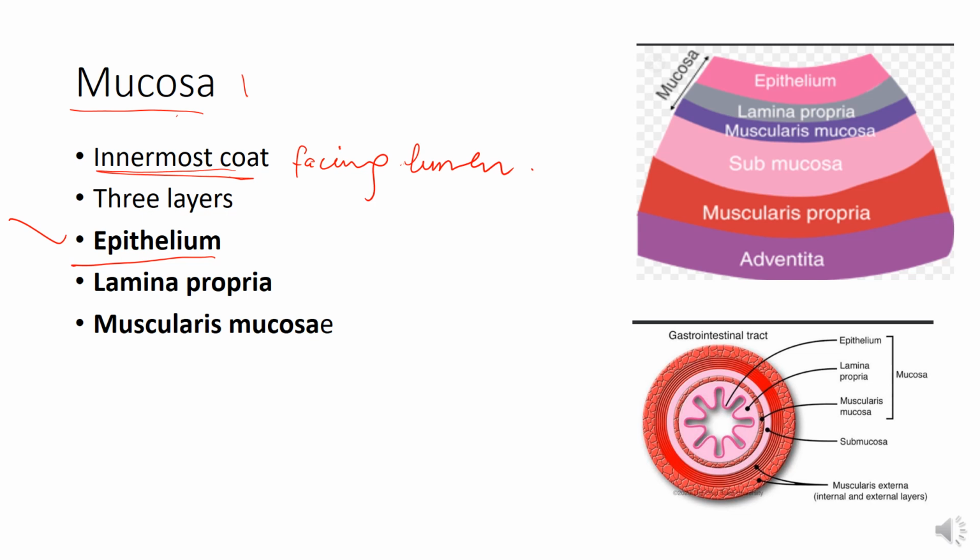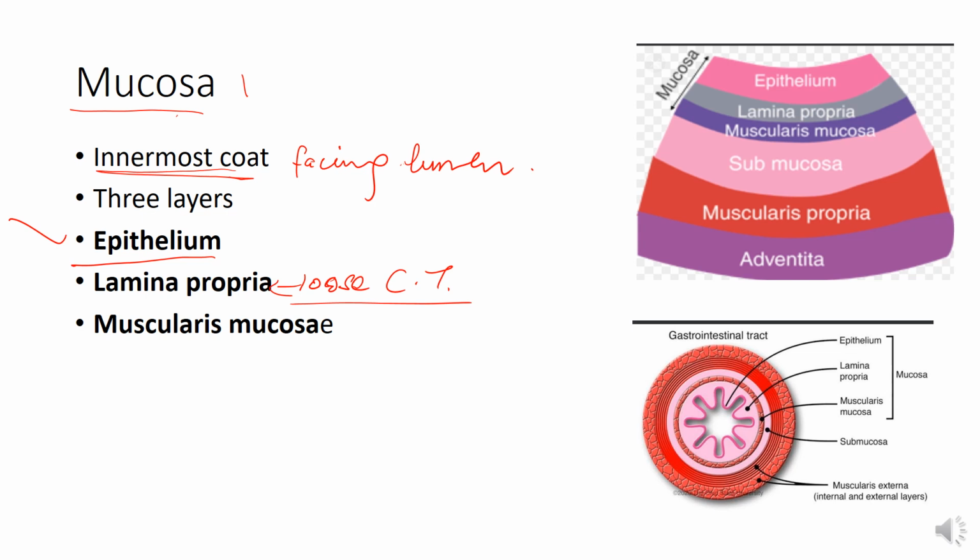The epithelium is always associated with the lamina propria, meaning, you know from your knowledge of first year, that epithelium is always associated with loose connective tissue. This loose connective tissue is known as the lamina propria.